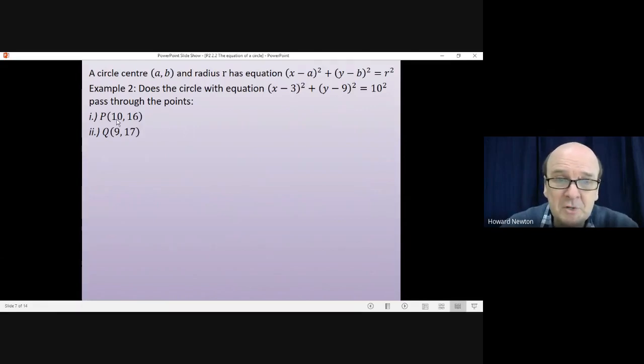So we'll substitute x = 10, y = 16 into this equation, work out the answer. If we get 100 for the answer, 10², yes, the point's on the circle. If we don't get 100, no, the point isn't on the circle. Okay, I'll let you have a go at doing that for both of these 2 questions. Pause the video, come back when you're ready.